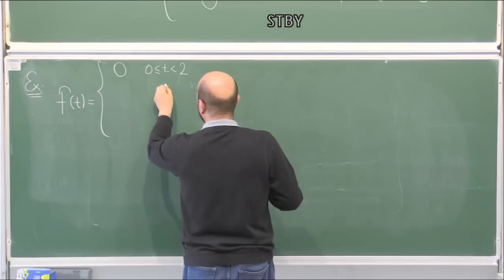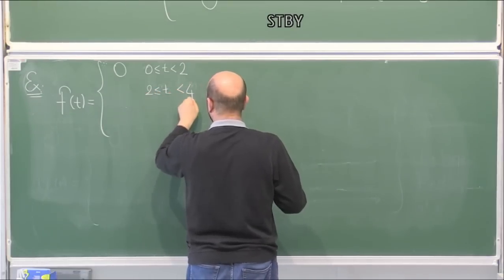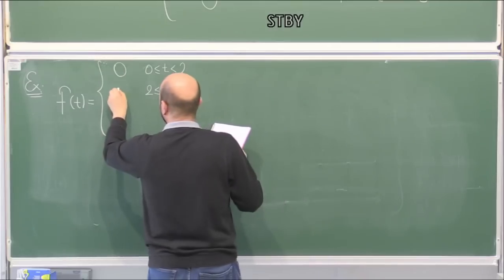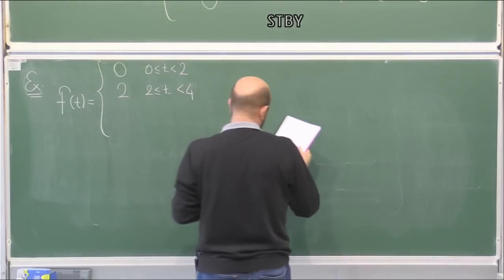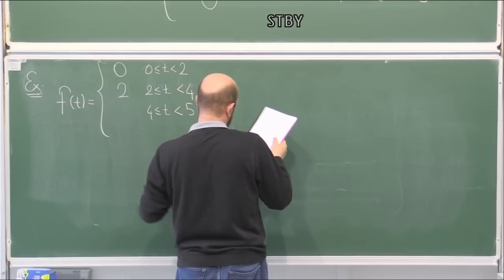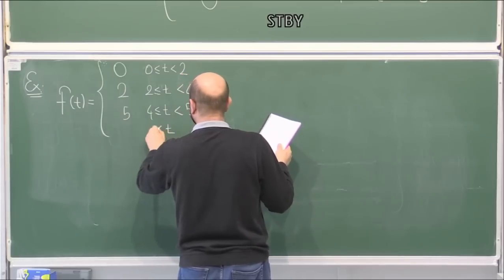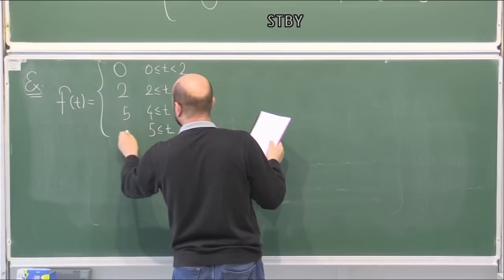When time is between 2 and 4, it is 2. When time is between 4 and 5, it is 5. And when time is bigger than 5, it is 0.